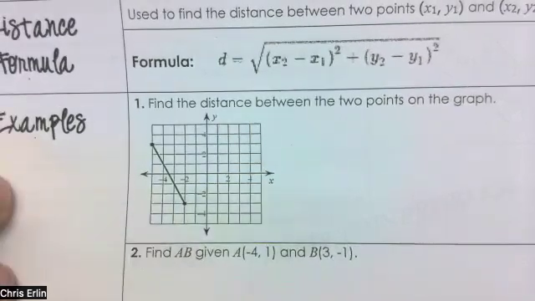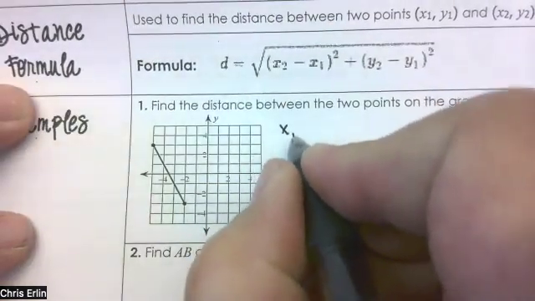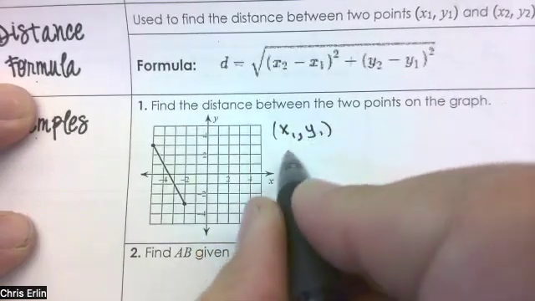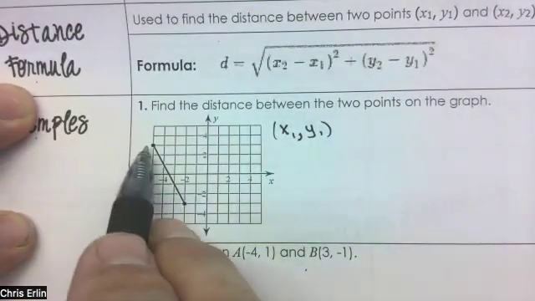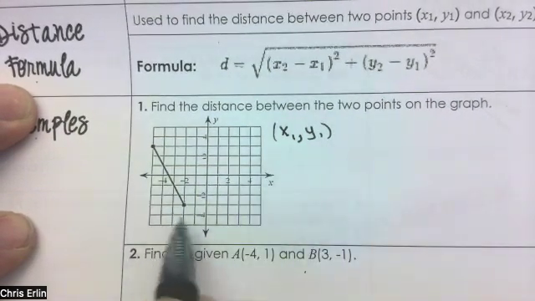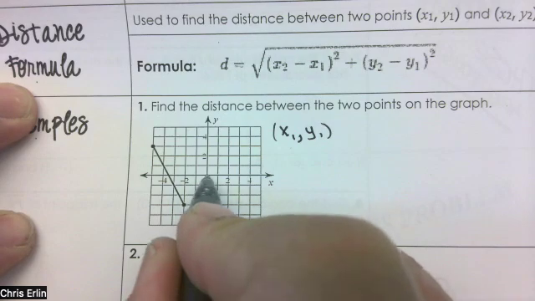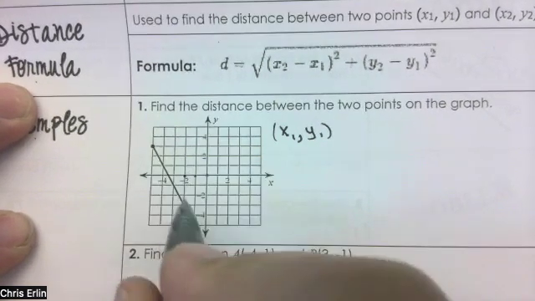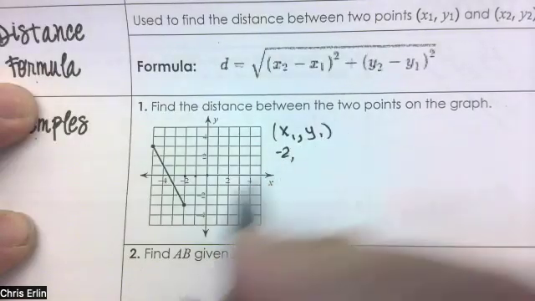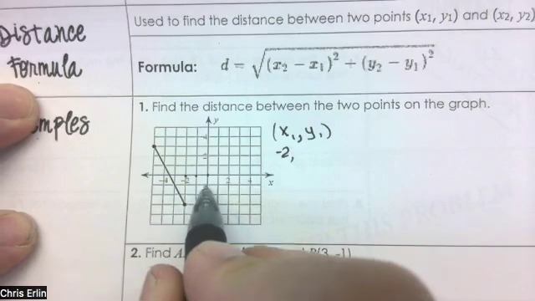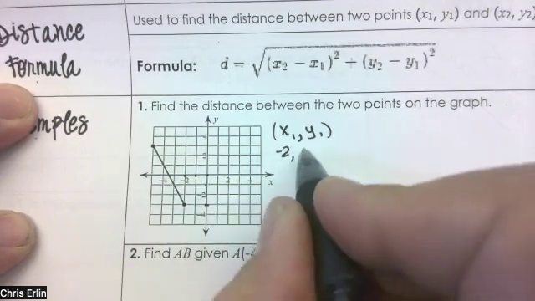So let's go here and let's say, all right, I'm going to take one of our points, x1 comma y1. What coordinates do we want to use for that? Do we want the top one or the bottom one to be point 1? The first point. Bottom one? Okay. Here's the origin. When I go left, it's negative, -1, -2. That's my x value, -2. My y value is vertical going down 1, 2, 3, -3.